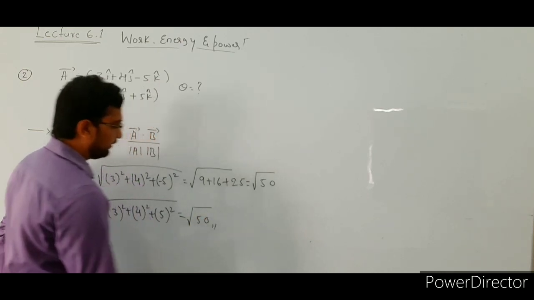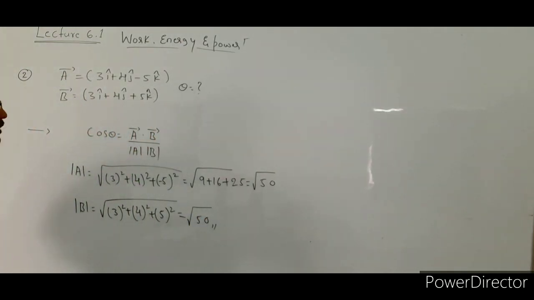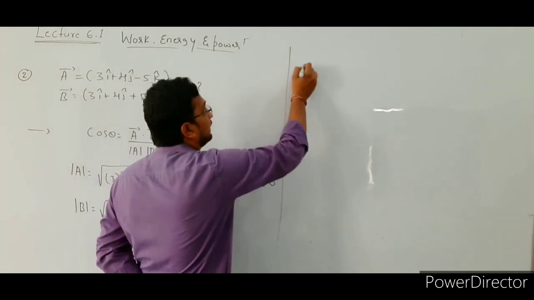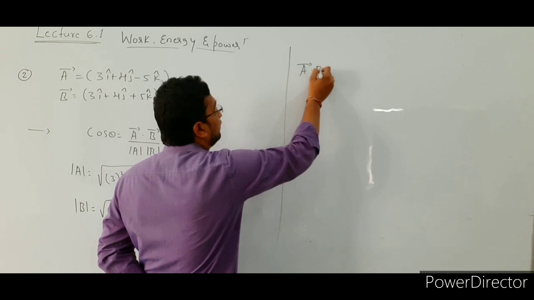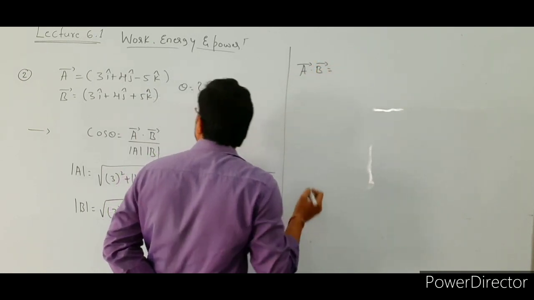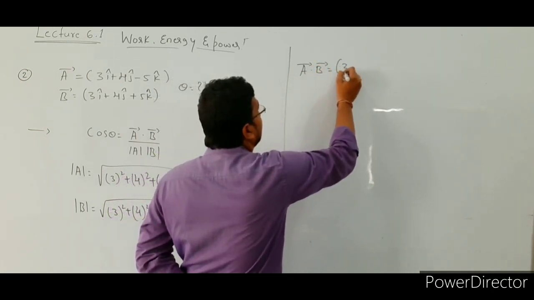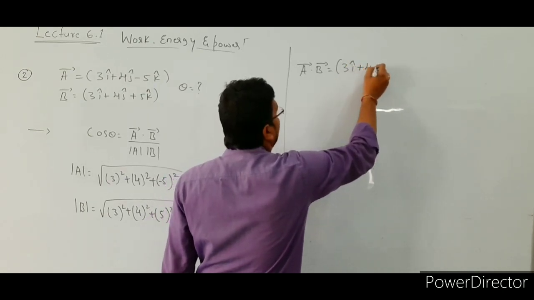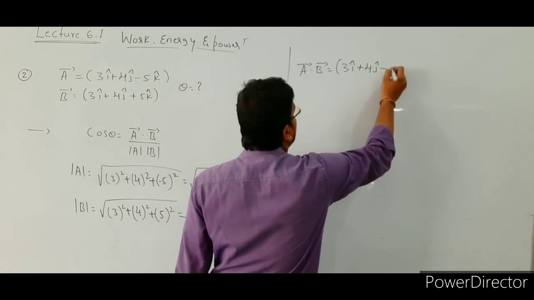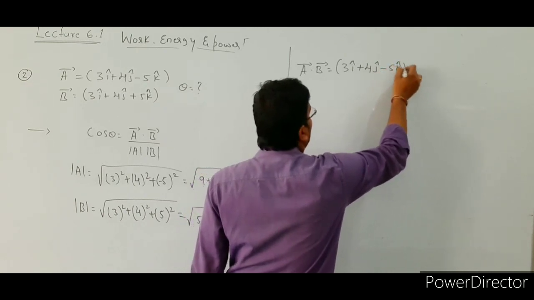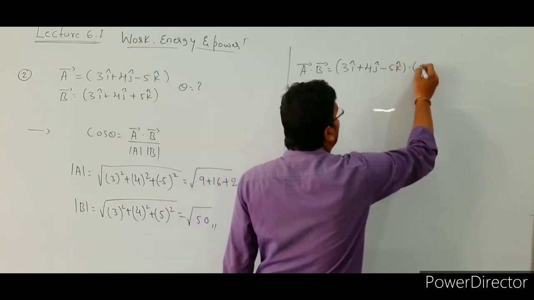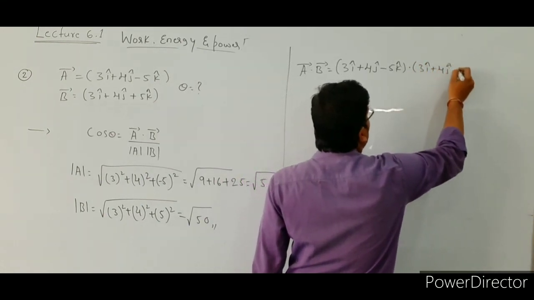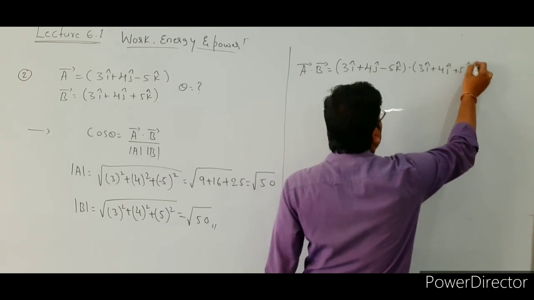Then we are going to find out the A dot B, A vector dot B vector. This is equal to the first vector, 3i cap plus 4j cap minus 5k cap, dot 3i cap plus 4j cap plus 5k cap, right?